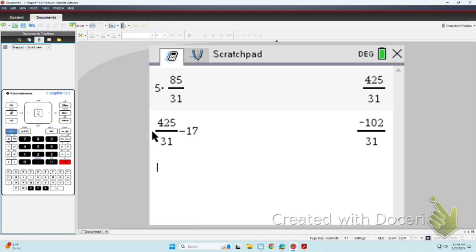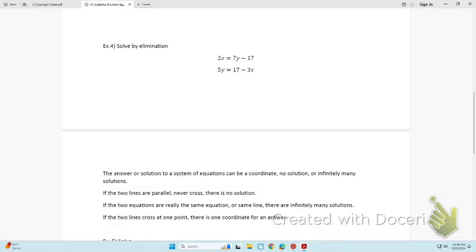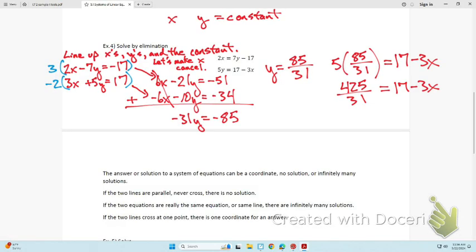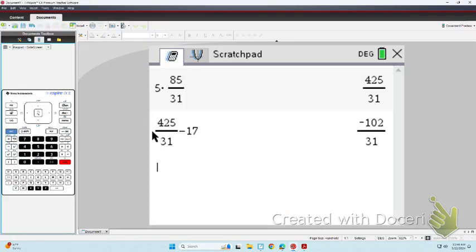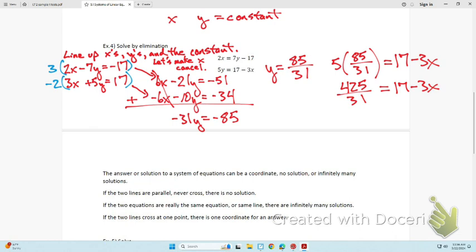Whoops, I just lost all the ink I was using. There we go. Negative 102 over 31. And divide both sides by negative 3.